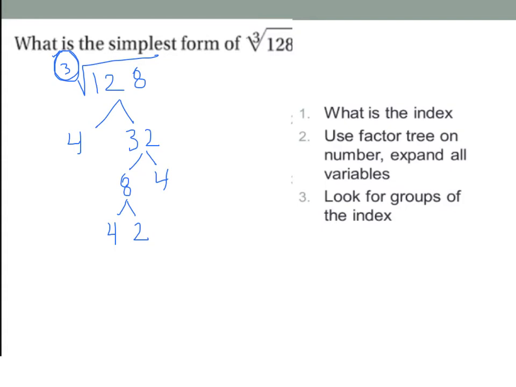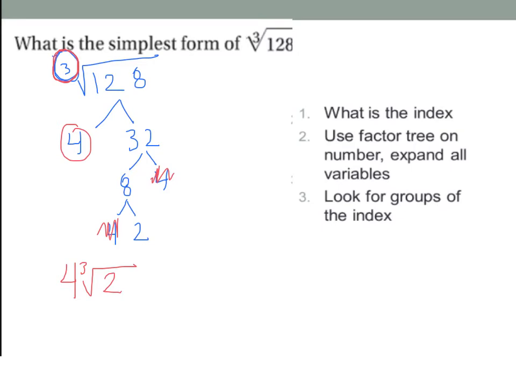However, I'm looking for groups of 3. It doesn't matter at what point you stop, as long as you have a group of 3, then you're going to get the correct answer. So I'm going to circle one 4 and then cross two other 4s out. So my final answer here, the 4 can be taken out because it's circled, and then I still have a cubic root of 2.